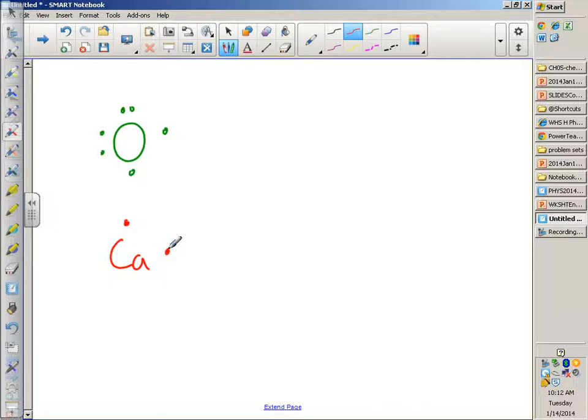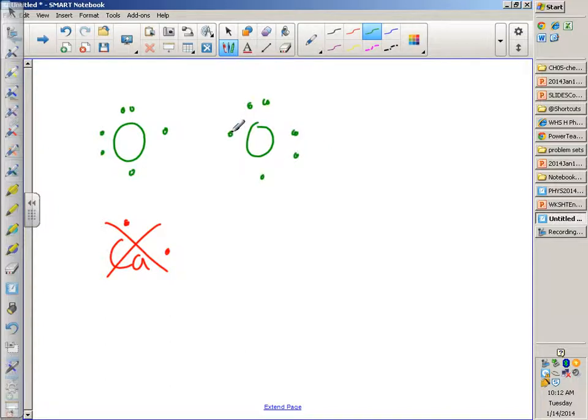Lose 2 electrons. Oxygen is looking to do what? Gain 2. It was a match made in heaven, right? But calcium's not around. The only thing that's around now is another oxygen.